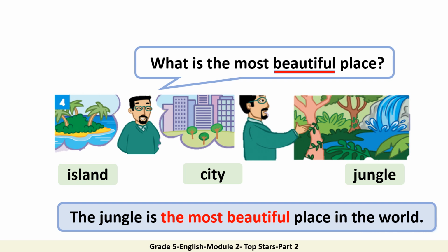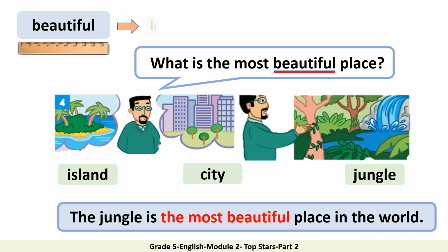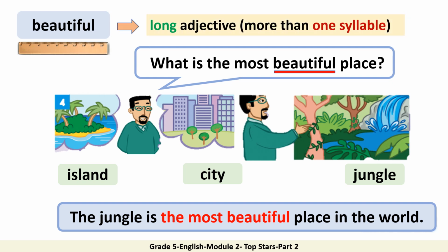Can you tell me how many syllables are there? Very good. It has 3 syllables. So it's a long adjective. That is why we add the most before the adjective instead of adding est to the adjective.